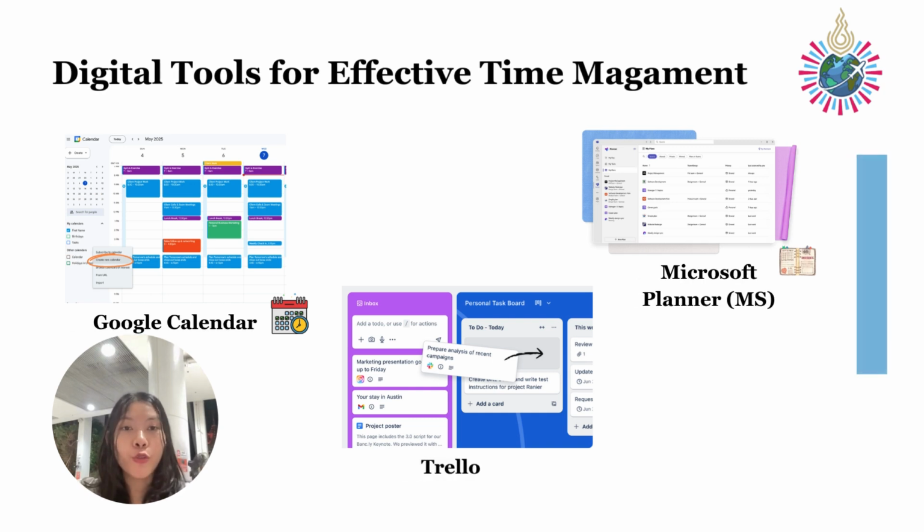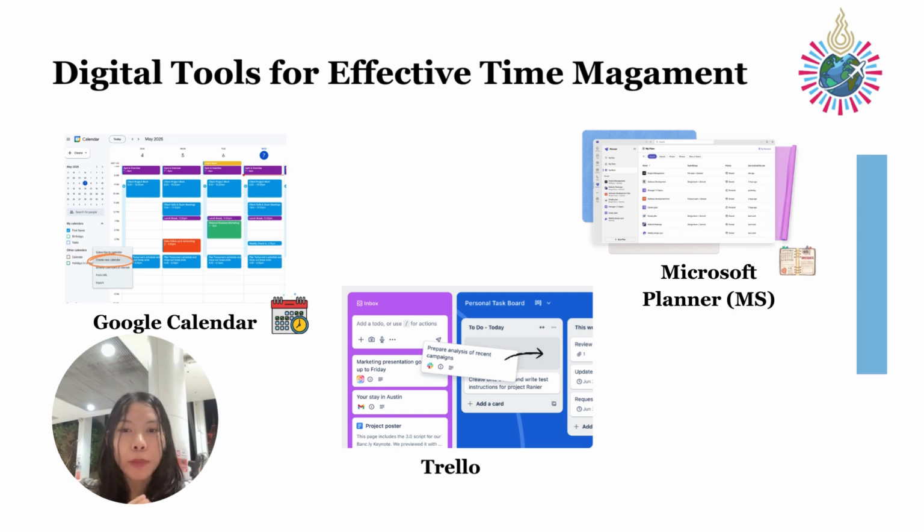Okay, let's talk about digital tools for effective time management. There are some digital tools that can really help. For example, I really like to use Google Calendar as it helps me plan my weeks and tasks, and set reminders. Another one is Trello, which is also very good as we can make a board and checklists to track tasks.